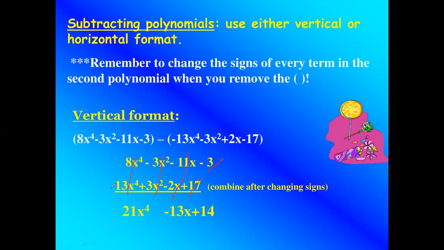Okay, so therefore, we now have this answer: 21x to the power of 4, and positive and negative 3x squared cancel out. And then negative 11x combined with negative 2x becomes negative 13x, and combine also the constant, negative 3 combined with positive 17, so it is positive 14. So that is now your final answer.